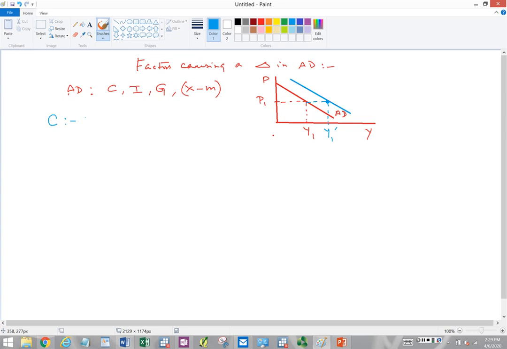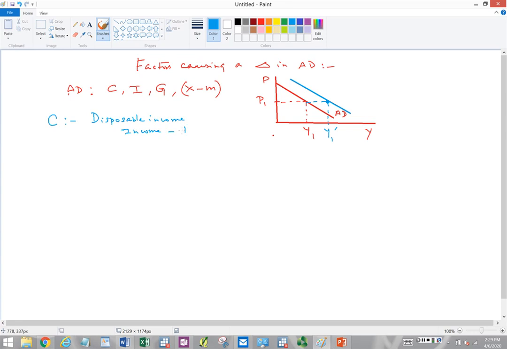And the factors in consumption spending are basically the disposable income of households. What's meant by disposable income? That would be income minus taxes, right?